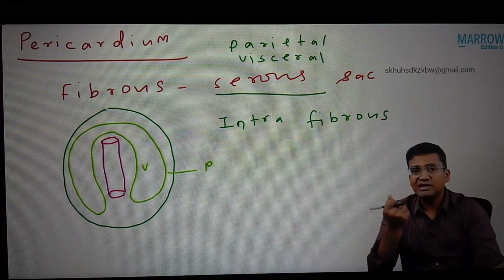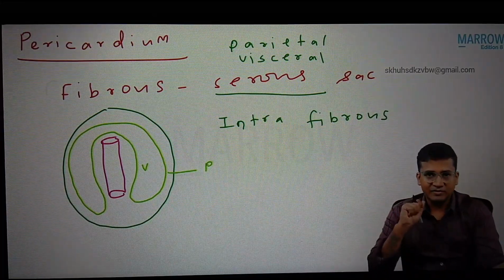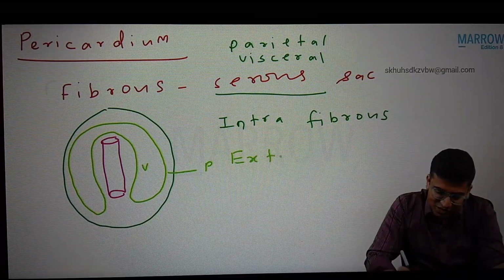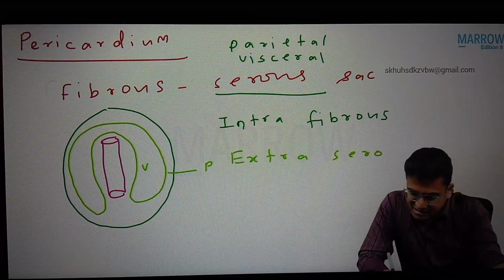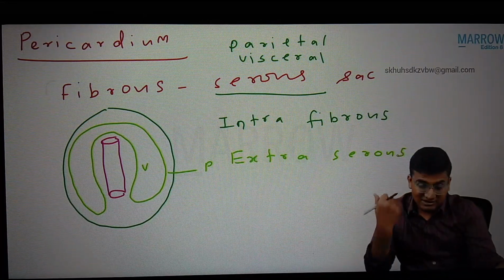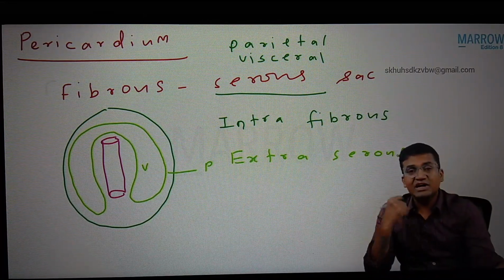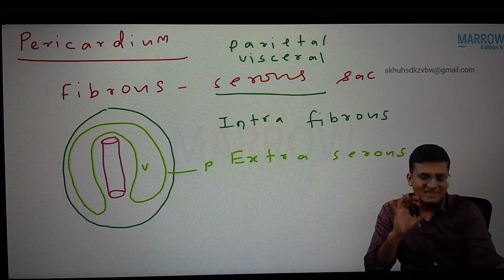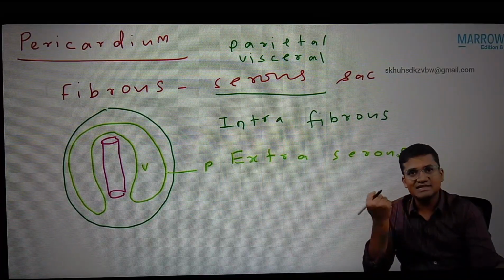The heart is not completely enclosed by the serous layer, so the heart is extra serous. Is that clear? So this itself is a question: the heart is intrafibrous and extra serous. Clear?